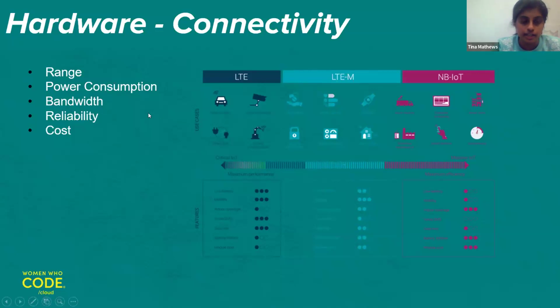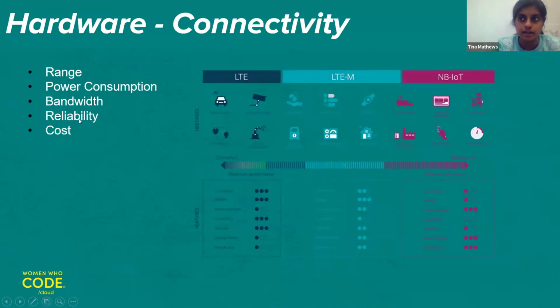So you will have to check what information needs to be sent on this particular channel. Reliability. Now that's very interesting, because for crucial deployments like health trackers, medical devices or safety monitors, you would definitely need something very reliable, because a small failure can result in a loss of a human life.